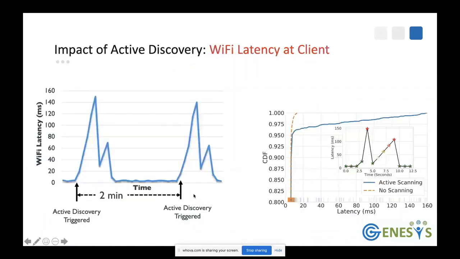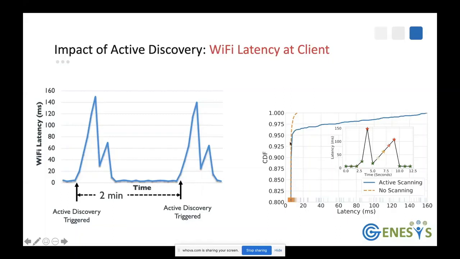The next problem that we found was with respect to Wi-Fi latency. We collected Wi-Fi latency with the ping utility, and we found that whenever the client triggers active discovery, the latency shoots up from, let's say, 5 milliseconds to up to 150 milliseconds, and it also lasts for a few seconds. On the right-hand side, we tried to learn its distribution.